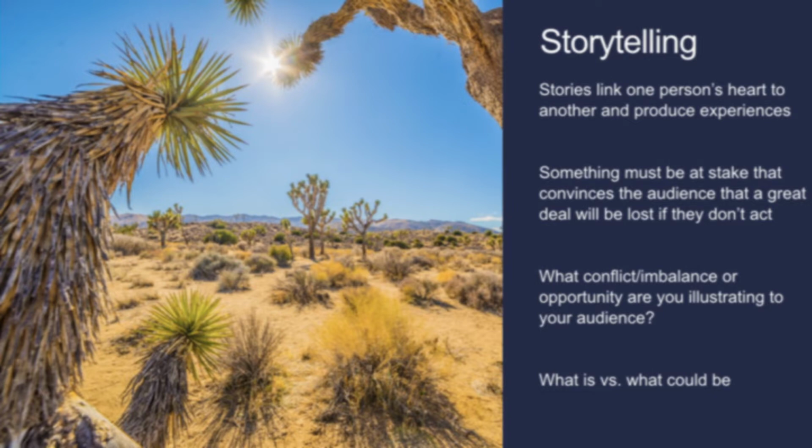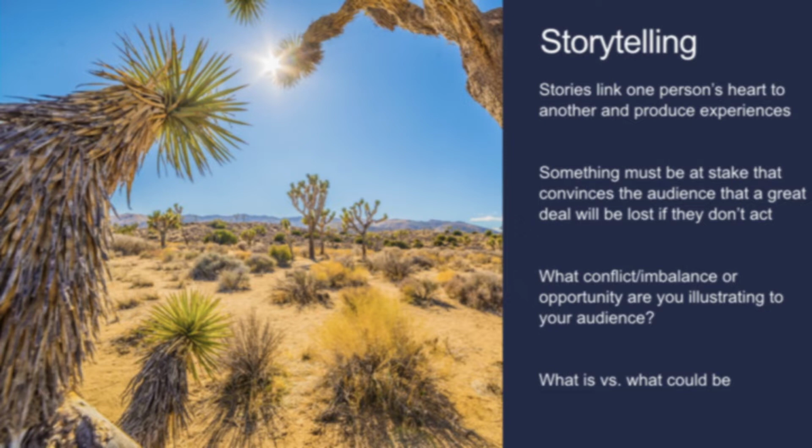Storytelling. Stories link one person's heart to another and produce experiences. Now, to begin any good story, we can think about Batman, Superman, Goldilocks and the Three Bears, any kind of story. In the beginning, we know that something must be at stake.